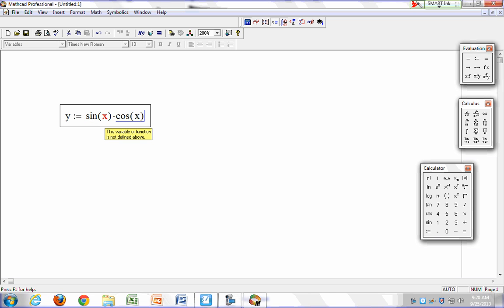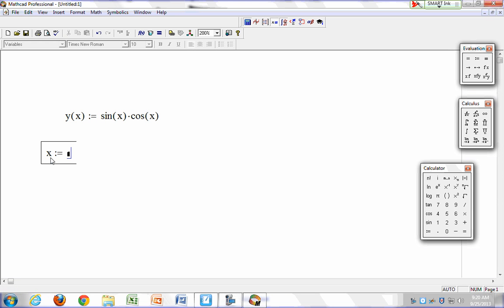That's what we're integrating, right? Y is a function of x. Let's say x goes from negative 2 pi, to negative 1.99 times pi, all the way to 2 times pi. So let's plot that.